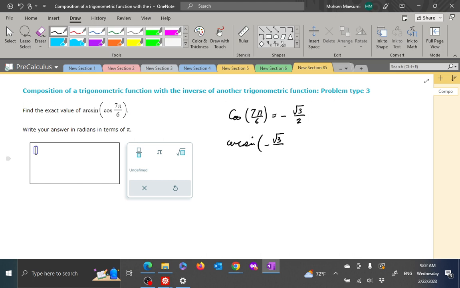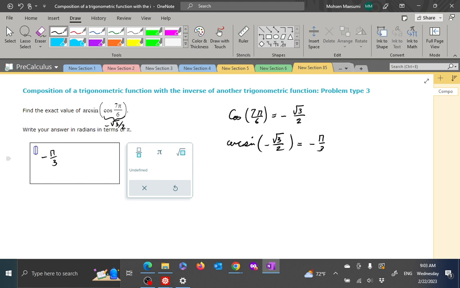Is that right? So all of this gets replaced by minus radical 3 over 2. And the next level is what's the arcsine of that number. So that number is going to be minus pi over 3. Again, minus pi over 3.